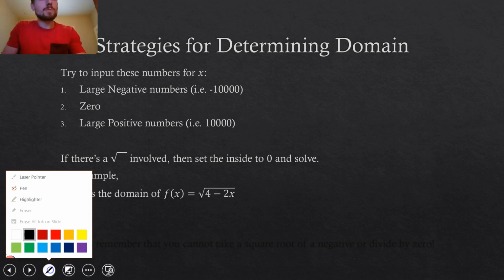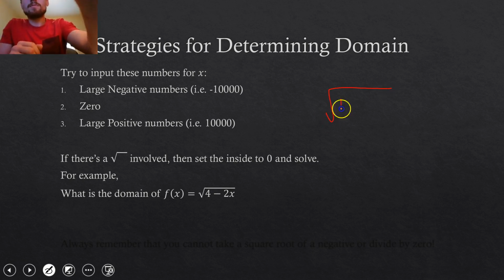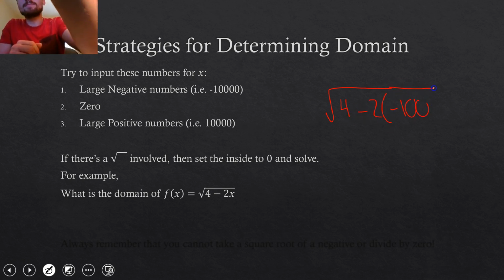We've got a function, square root of 4 minus 2x, and we want to find its domain. So what makes sense for numbers to plug into this? First and foremost, let's try the strategy that we have above, which is to input large negatives, 0, and large positives. If we plug a large negative number in, square root of 4 minus 2 times negative 100, for example, does this make sense to evaluate?